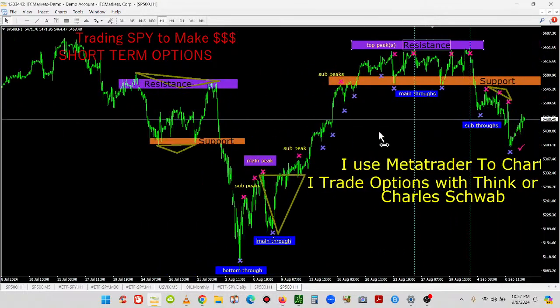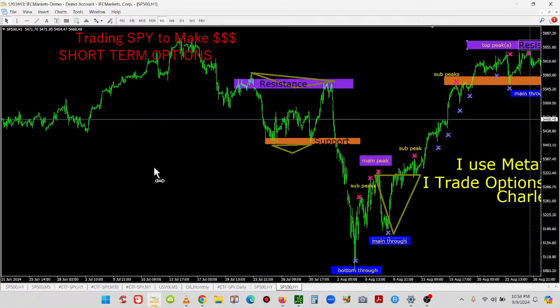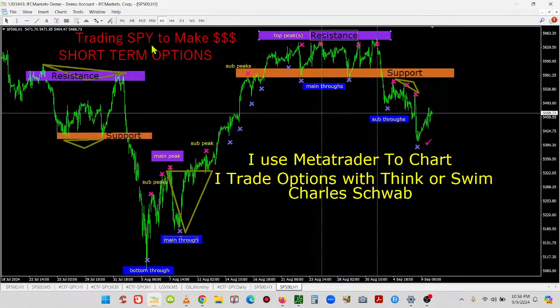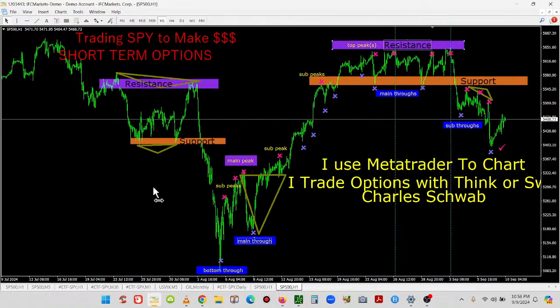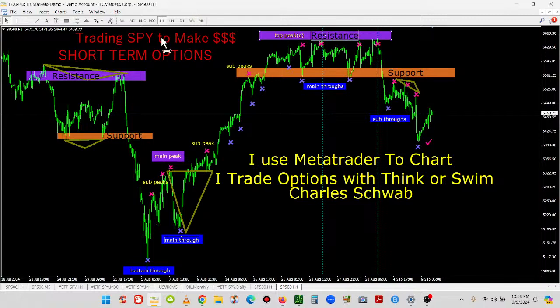Okay, I don't know if you noticed, but if I move the chart, this ball right here, the red one, follows me. And this one right here is the shader.